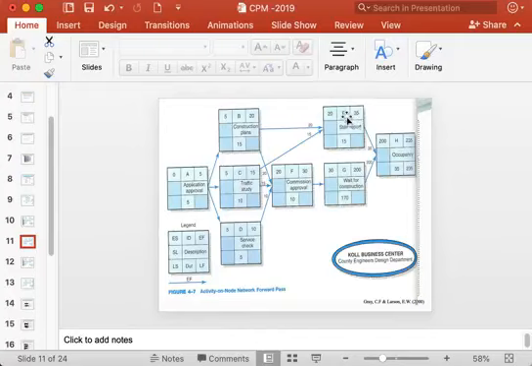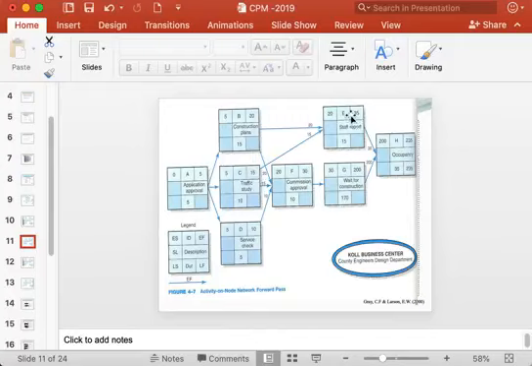Okay, so activity E cannot start after 15 days here because B is not yet completed. Since E is preceded by both B and C, E will have to wait for B to complete, which is taking longer time, 20 time units compared to activity C here, which is taking 15 time units.